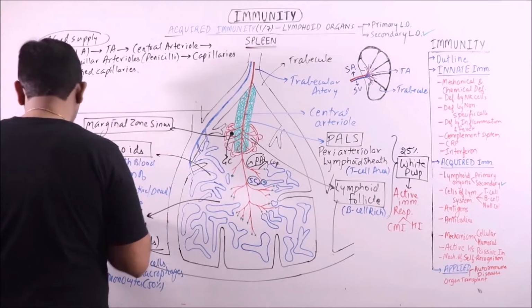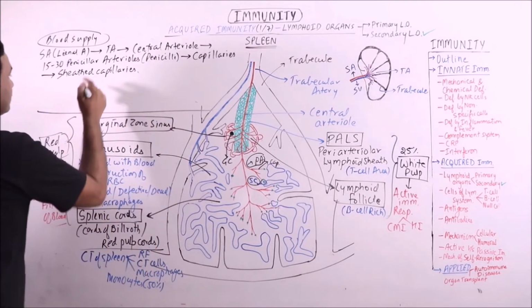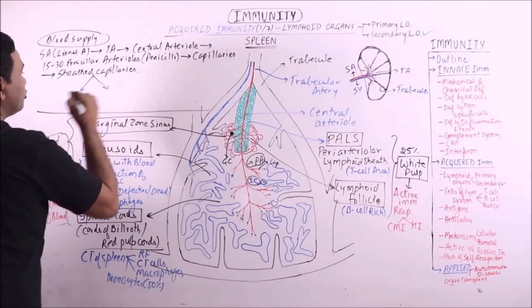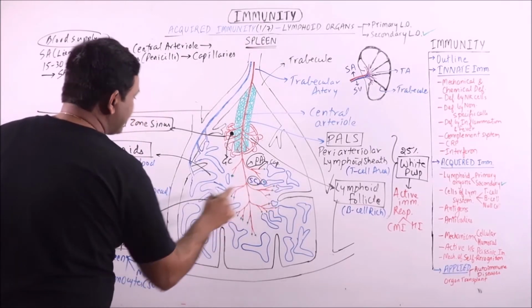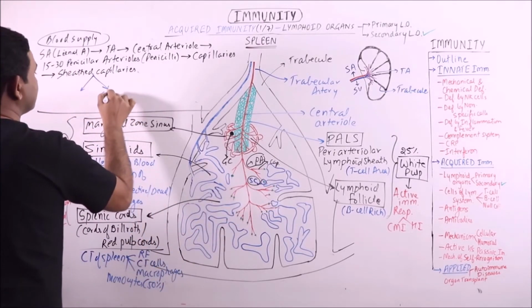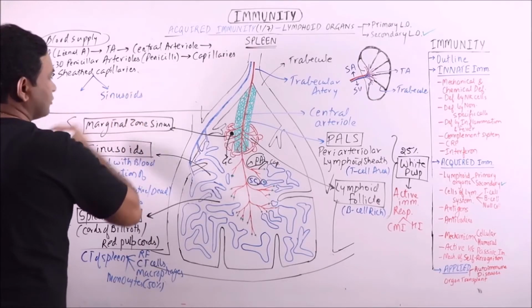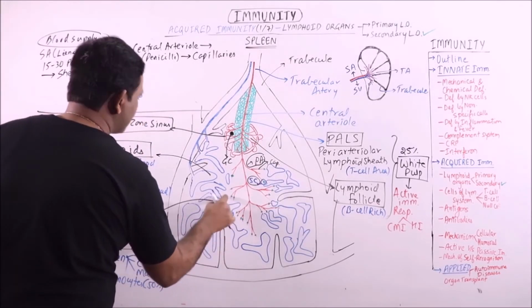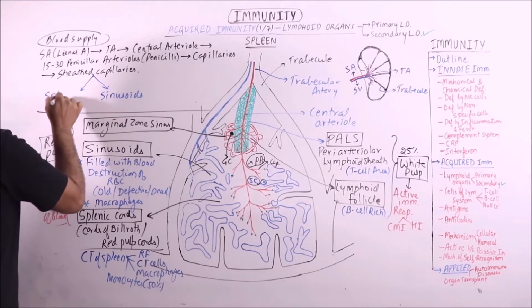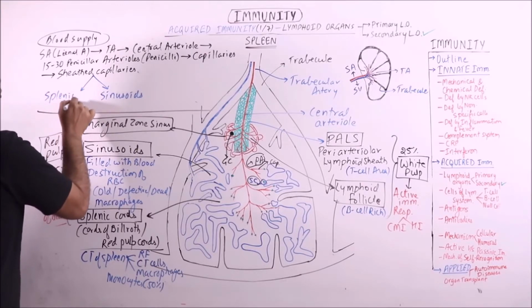These sheathed capillaries will open in two areas, either directly into the sinusoids or into the cords of Billroth, that is, splenic cords.